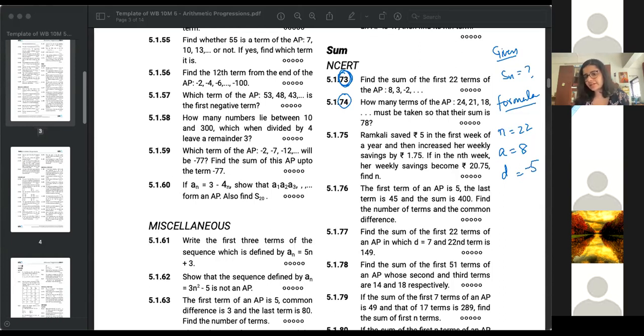Mansi, did you get only one value? I think you should get two values. Yeah, ma'am, I got 2 values. So if you look at the formula, n by 2 into 2a plus n minus 1 into d, n square aayega. So if you get a quadratic equation, you'll end up getting two values. Okay, awesome. Okay, 73, 74, most of you have done it.